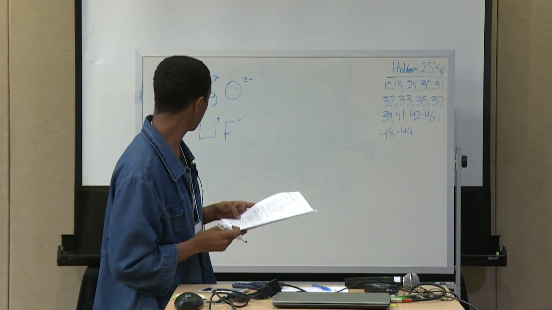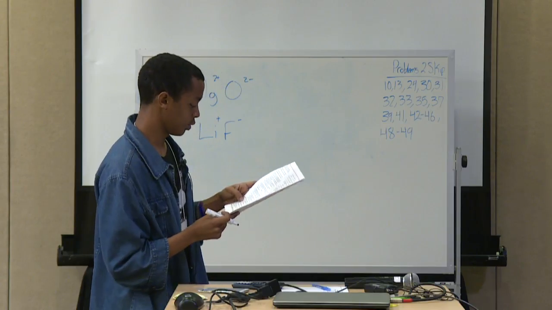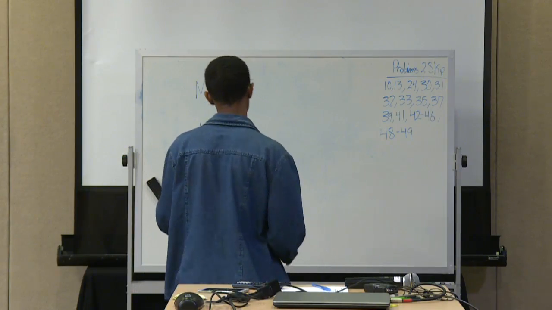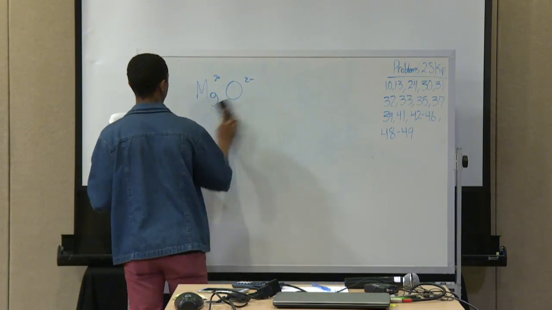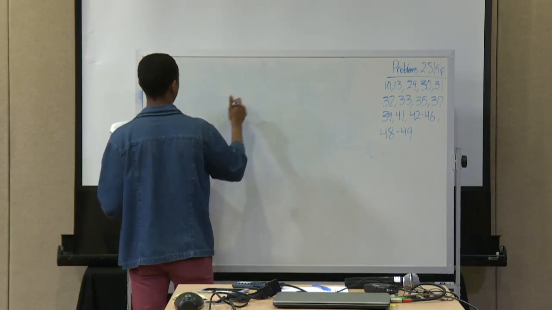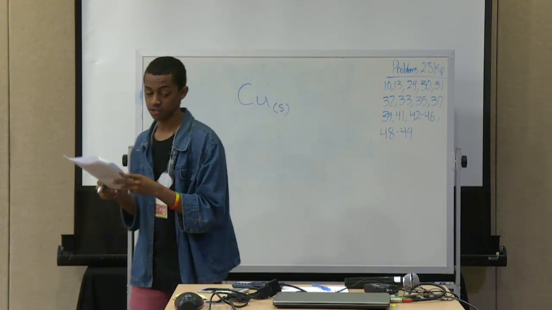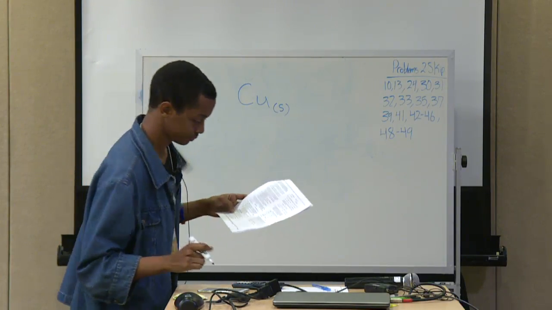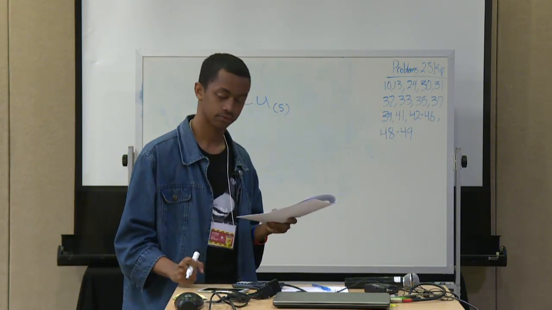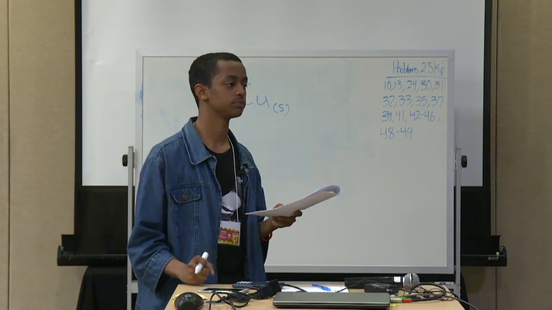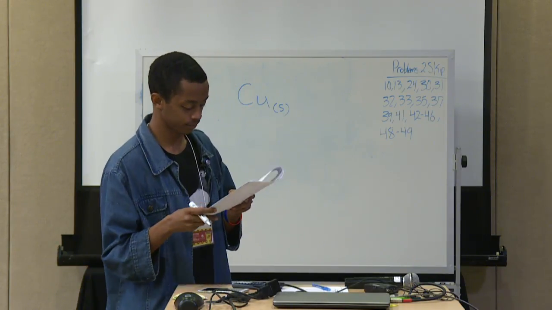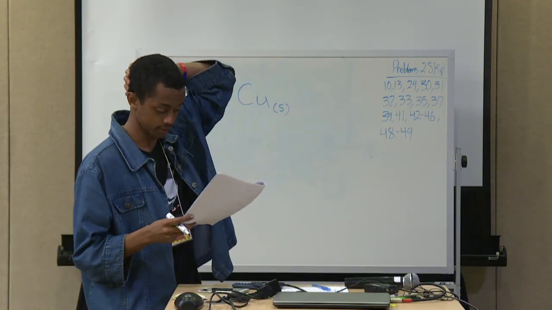Let's see. 18. We're doing 18. Cool. Which best describes the bonding in solid copper? Solid copper is in what group? What group on the periodic table? Transition metal, right? Okay, so with that in mind, let's look at the answers.